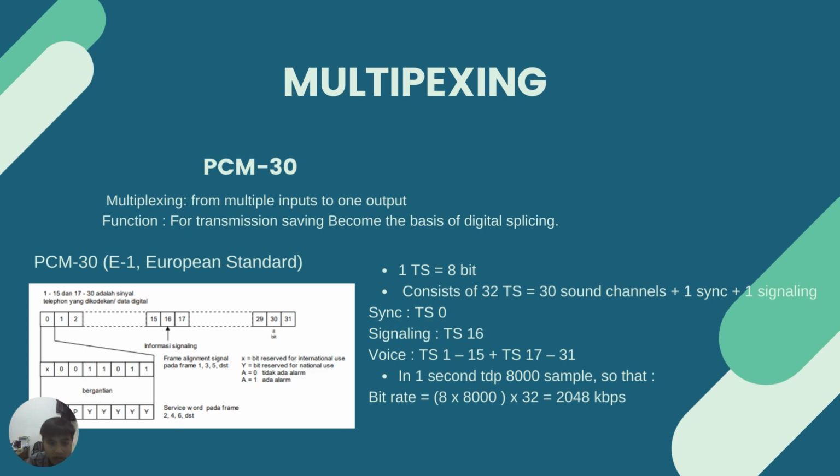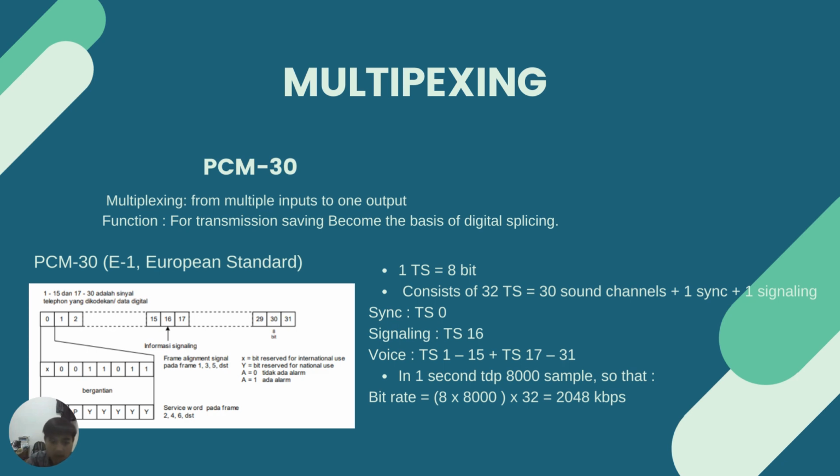Sync is equal to TS0, signaling is equal to TS16, and voice is equal to TS1 to 15 plus TS17 to 31. So in 1 second there are 8,000 samples, so the bit rate is equal to 8 times 8,000 times 32.